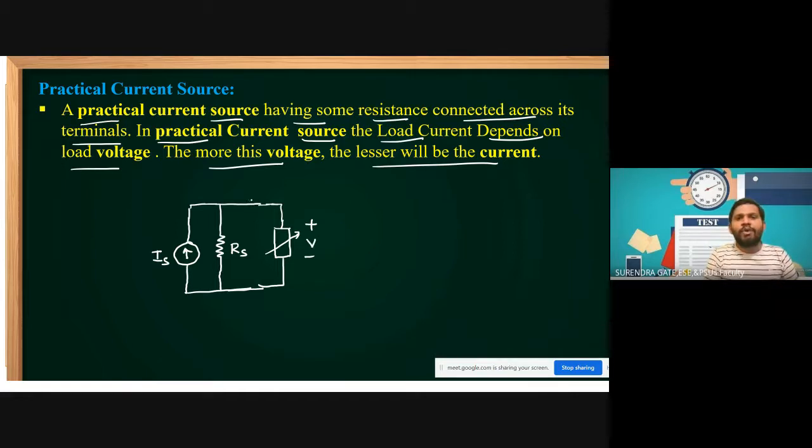Let the load current be I. How much is the source supplying? The source is supplying Is current.